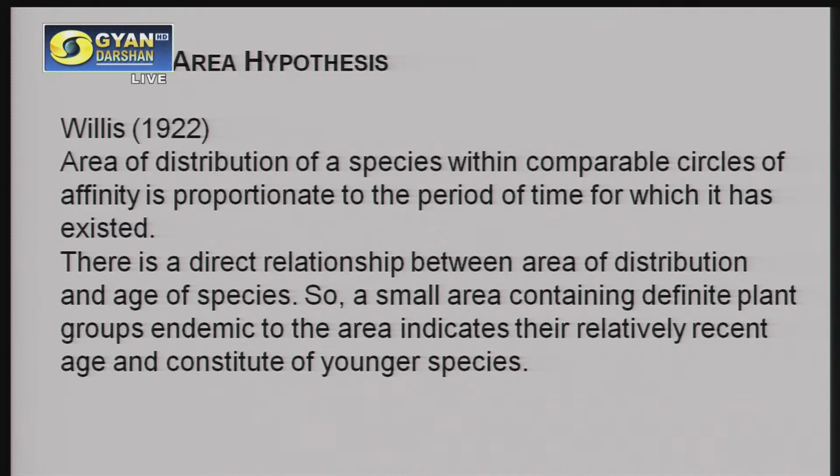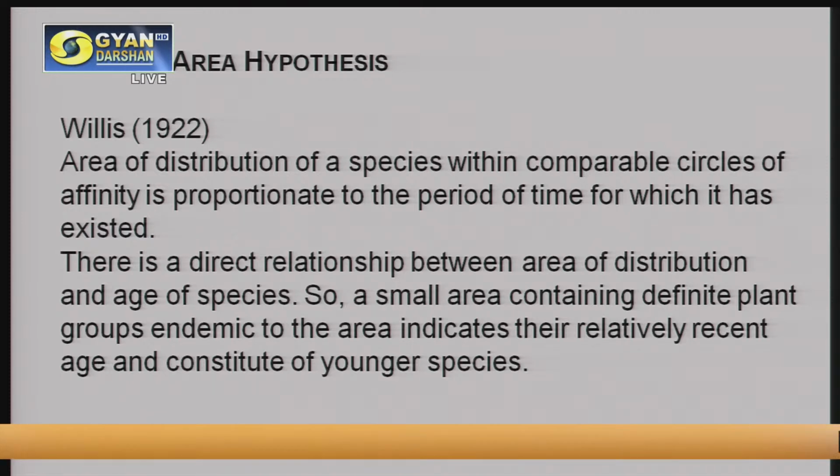The area of distribution of a species is proportional to the period of time for which it has existed. If you have a small area, then you have to understand that it is recent in origin. And if it has a very large area, then it is ancient in origin.